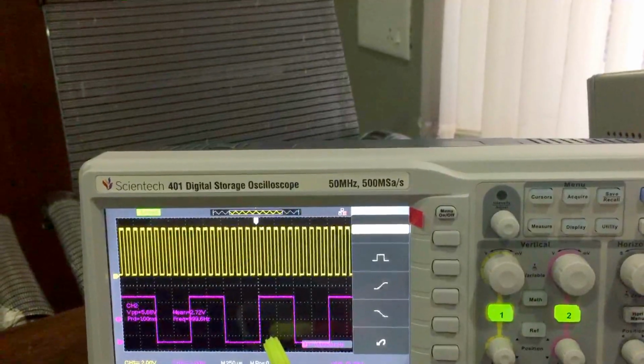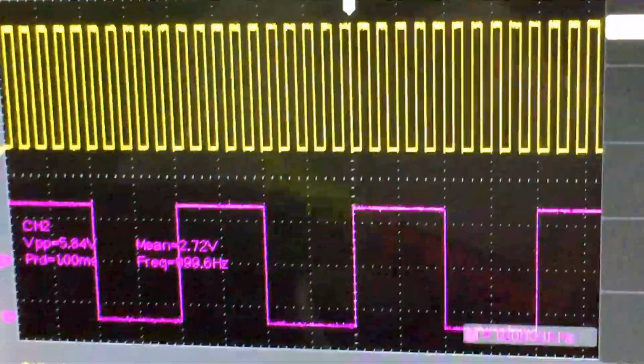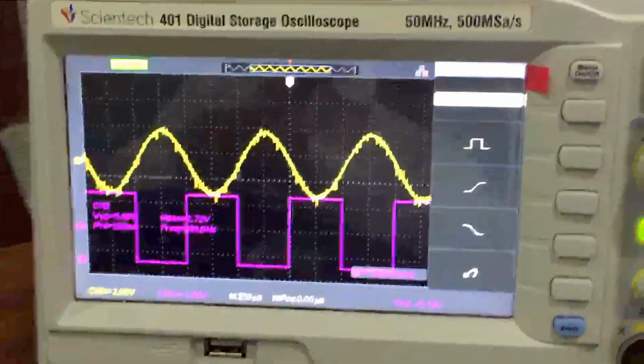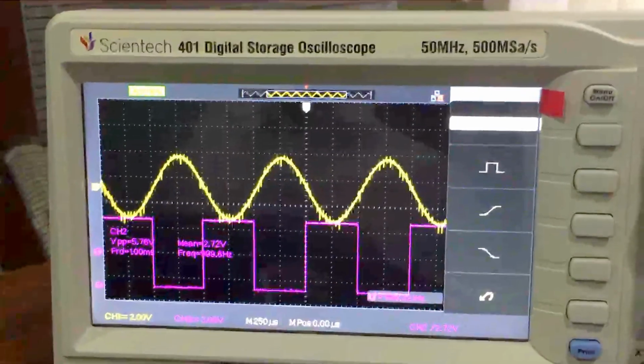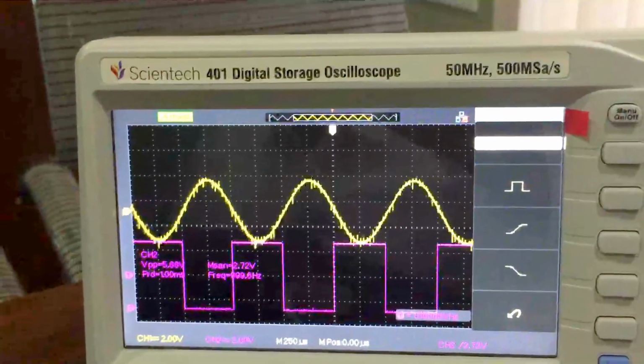Now this 1 kilohertz square wave will be passed through a low pass filter, which will convert it into a 1 kilohertz sine wave. If we observe in the same window where I have connected the output and input of the low pass filter, my square wave will convert to a sine wave.